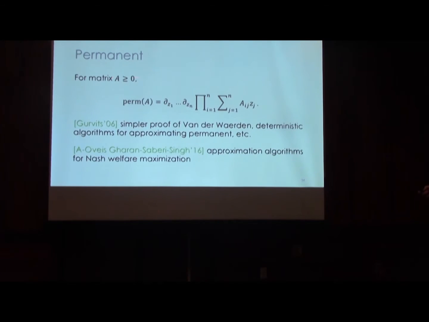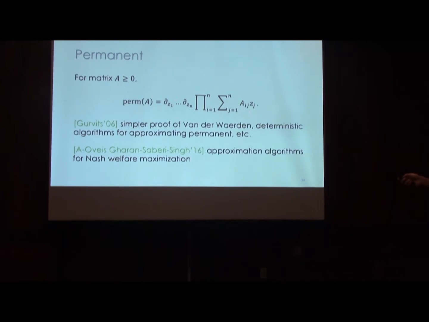So there are these applications which are somewhat remote to what I'm talking about now. But basically, using real stable polynomials, you can get the permanent of matrices. So look at what I'm doing here. You have a matrix. I'm summing over each row and multiplying that row by a variable specific to the columns. So for each column of the matrix, I have a variable.